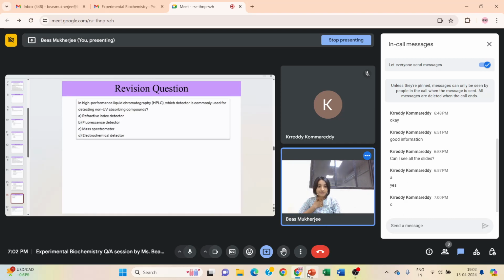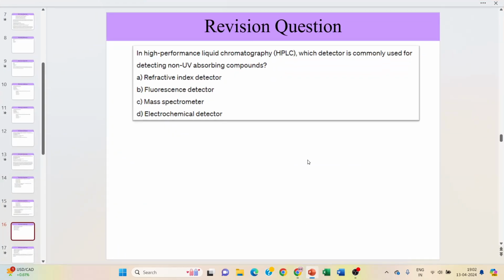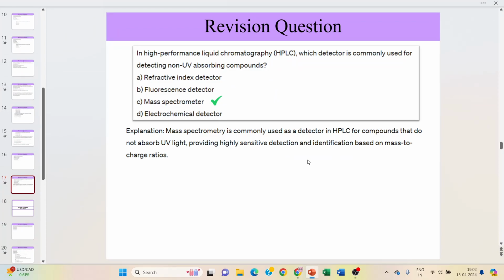The right answer should be C, mass spectrometer. Okay, have a look at this. Mass spectrometry is commonly used as a detector in HPLC for compounds that do not absorb UV light, providing highly sensitive detection and identification based on mass-to-charge ratios.